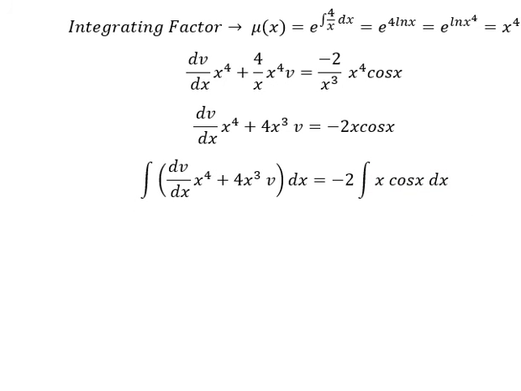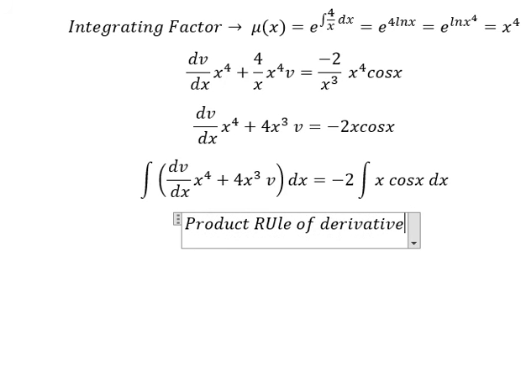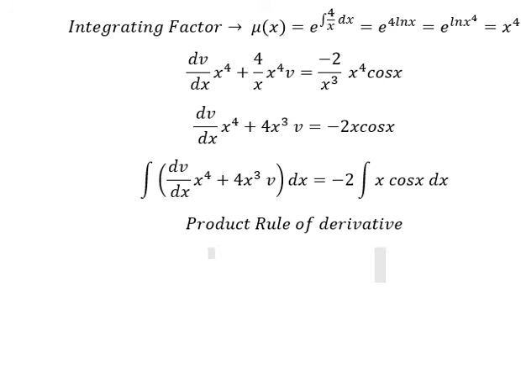Next, we can use the product rule of the derivative. So in this situation, we have the first derivative of y equals the first derivative of a multiplied by b plus the first derivative of b multiplied by a.